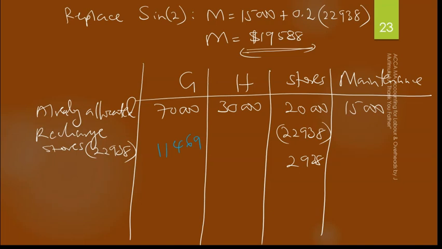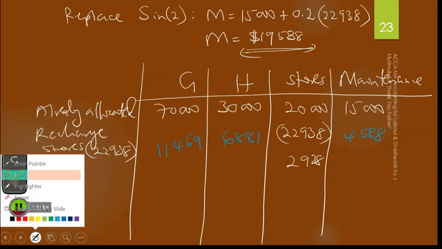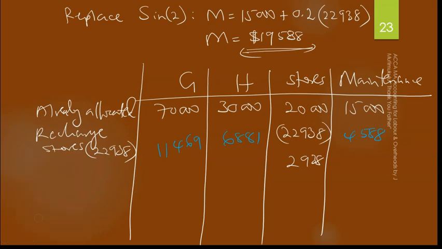Then 30% of 22,938 is going to be 6,881. Then 20% of 22,938 is 4,588. Okay, forgive me, my pen is not clear there.